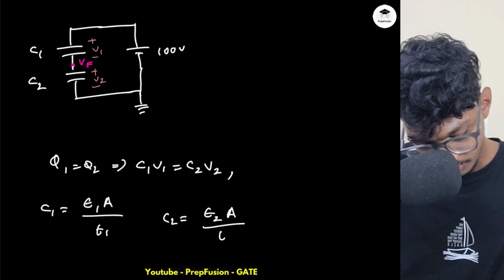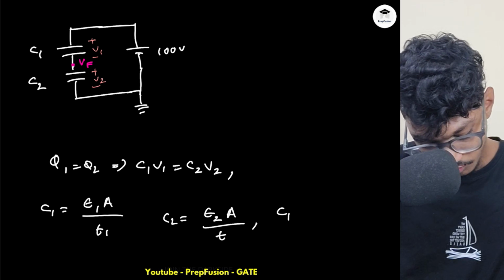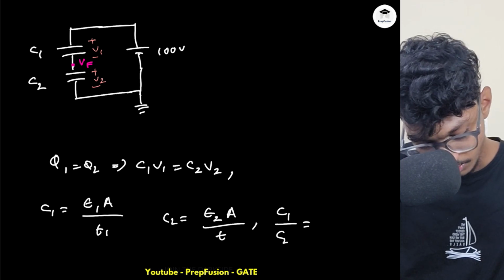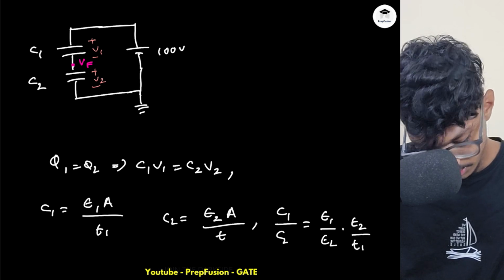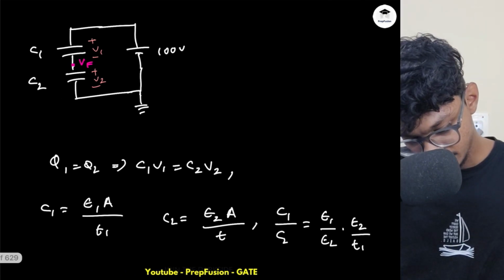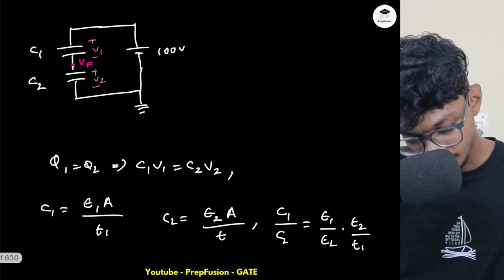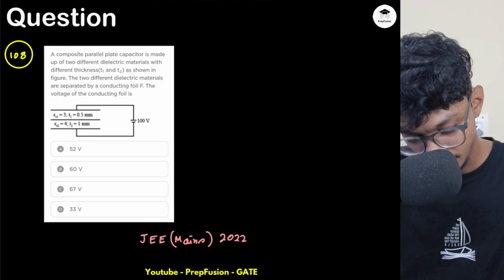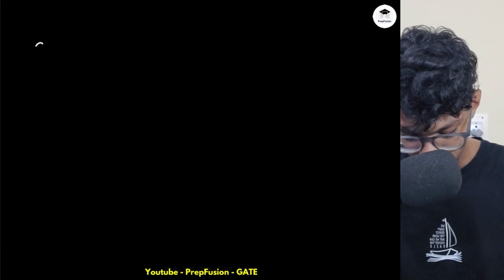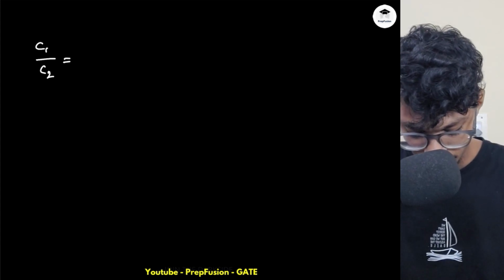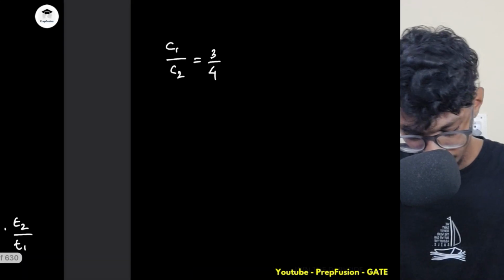So can I find out the ratio of these two things? What will be C1 upon C2? C1 upon C2 will be epsilon 1 upon epsilon 2 into T2 upon T1. Epsilon 1 upon epsilon 2 is basically epsilon R1 upon epsilon R2. So epsilon R1 is 3, epsilon R2 is 4. So C1 upon C2 is 3 by 4, correct?